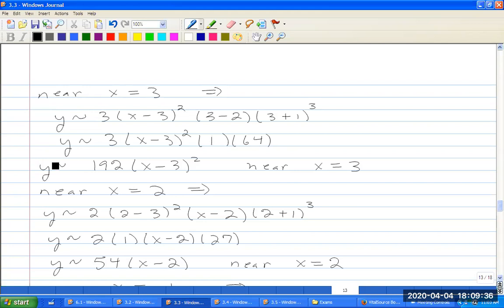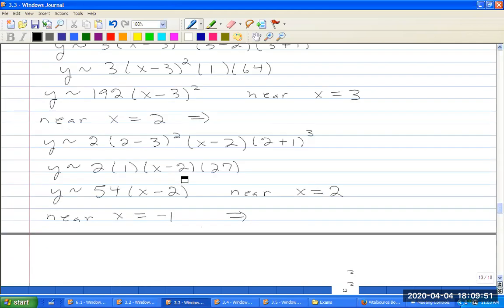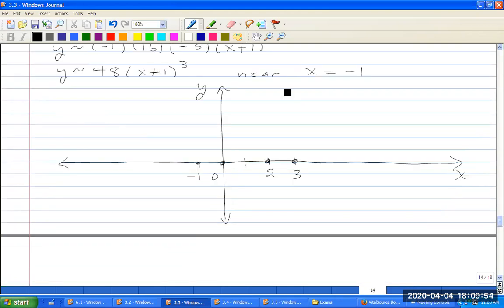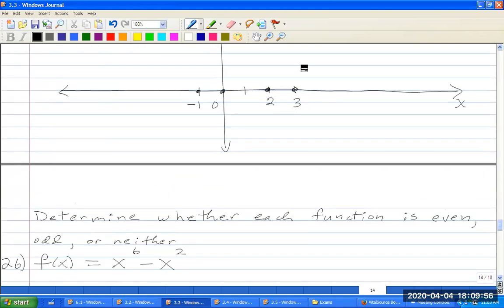Okay, it's a positive. So near x equal 3, it looks like some big positive constant times x minus 3 squared. So it looks like an upward pointing parabola. So here it looks like a parabola bouncing off the x-axis here, and pointing up.